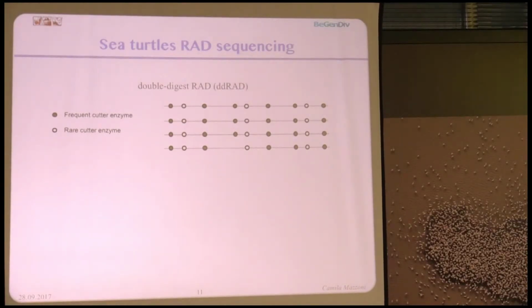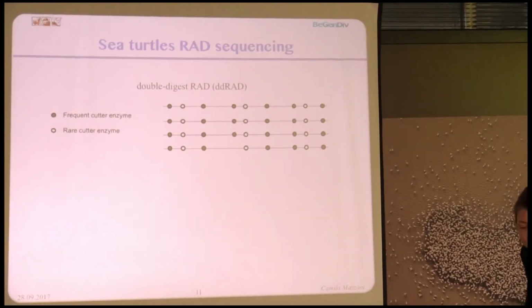So you end up with a sub-representation of your genome, sometimes sequencing just about 1% of it. Because the restriction sites are supposed to be throughout all the chromosomes, you are subsampling throughout the whole genome, so you can have a good idea of the variation not only over one region, but throughout the genome.